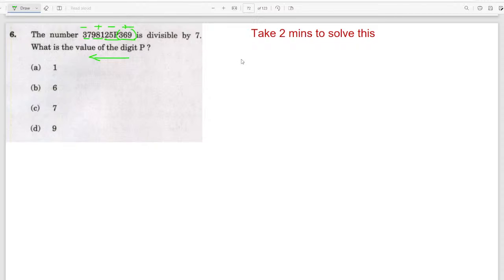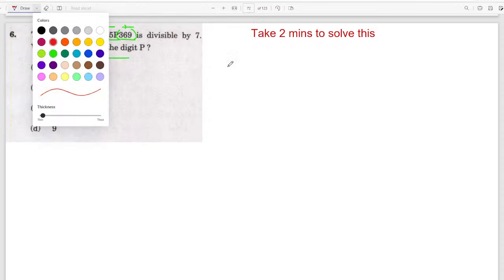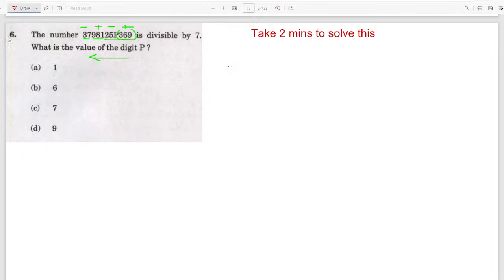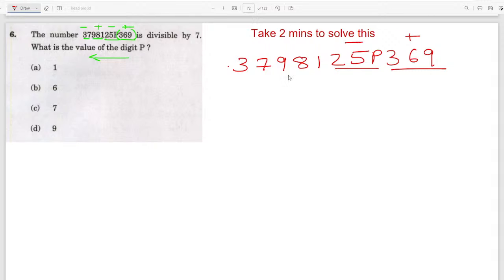So if we take, let's change the color. This is 3, 7, 9, 8, 1, 2, 5, 3, 6, 9. So we have to make three-digit sets here. This would be plus, this would be minus, this would be plus, and this would be minus.